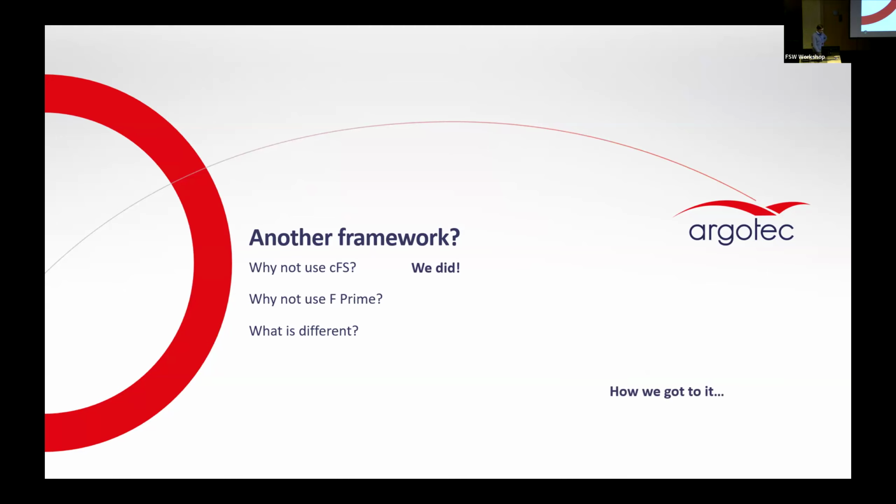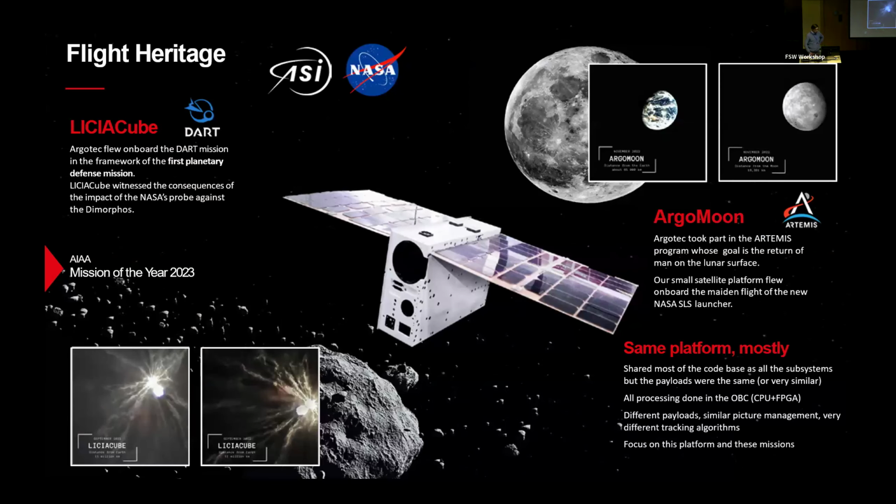Let's start from the beginning. We built two missions. We started the hard way, so we started from this space. One is Argomon. It flew with the Artemis 1 mission on SLS, and it basically took pictures on its trip around the moon.